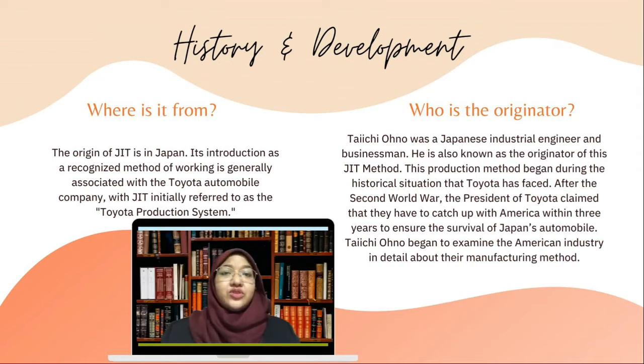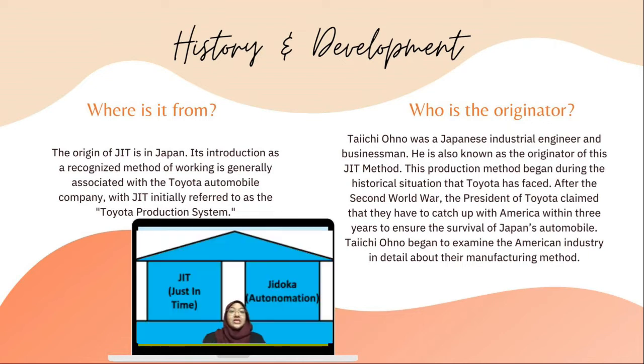After he did his research, Ohno realized that the manufacturing method used by American industry wouldn't work in Japan. Thus, he devised a new system of production based on the elimination of waste. Based on the system, waste was eliminated by JIT and automation.